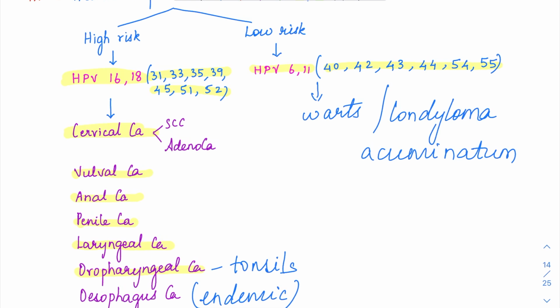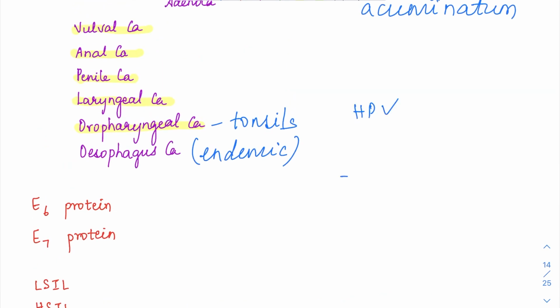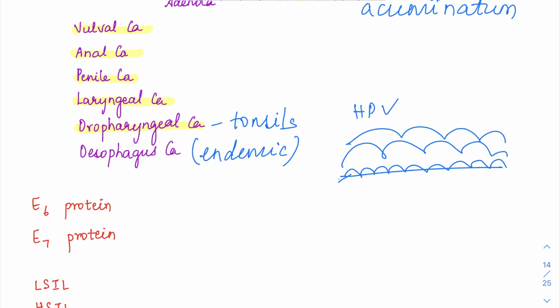Okay. So it usually takes at least a decade, 10 to 15 years, for an intraepithelial lesion to develop into a cancer. So the patients need to be under follow-up. What actually happens is that this HPV infection is going to attack the basal cells of the squamous lining. So this is the stratified squamous epithelium, and this is the basal layer.